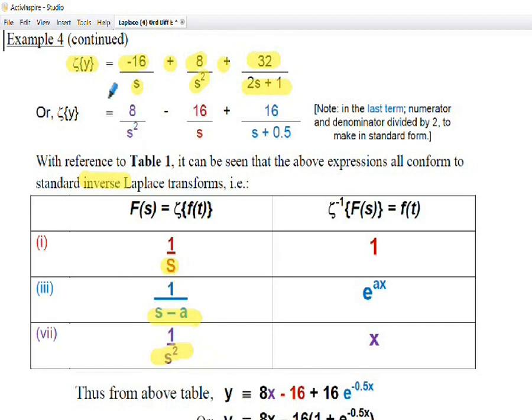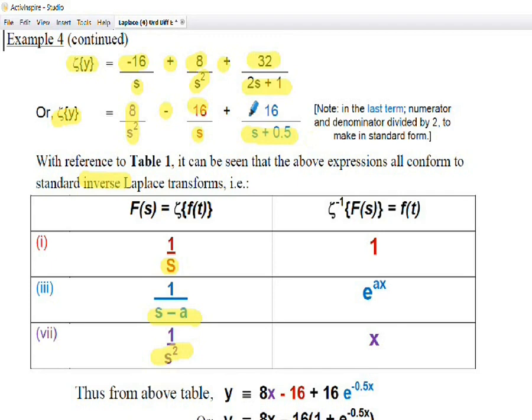All I've done with this line is rearranged the terms slightly, so I brought the positive term, the 8 upon s squared, in front of the negative term, 16 upon s. That's just a convention really. But notice what I've done with this term, because I need to get the denominator in the form of s minus a. I've got s plus a here, but s minus a in the tables.